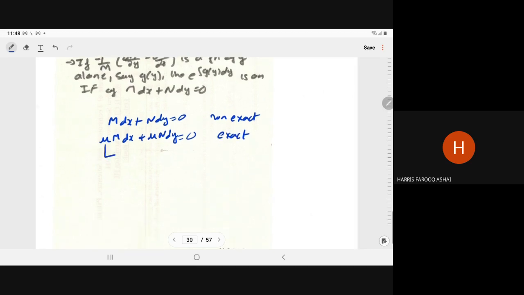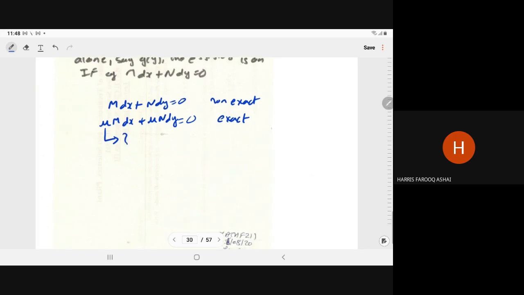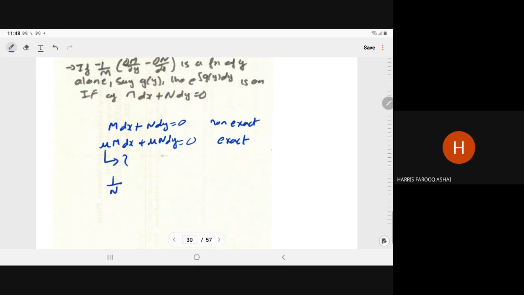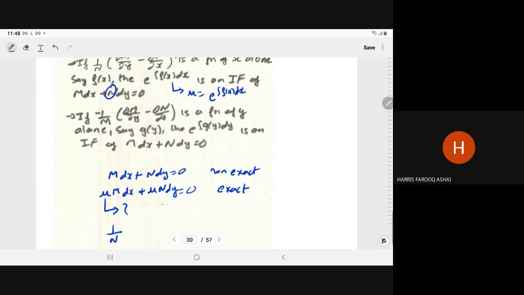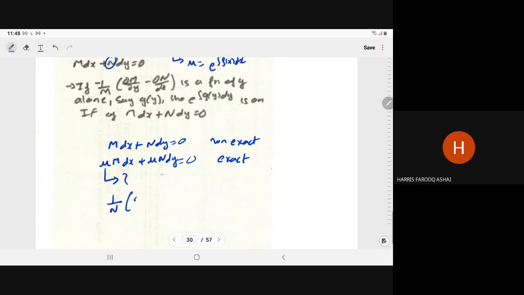So what is the form of the mu? The form of the mu we have to recognize. What should be the mu? For that we have 1 upon N of del M by del y minus del N by del x.